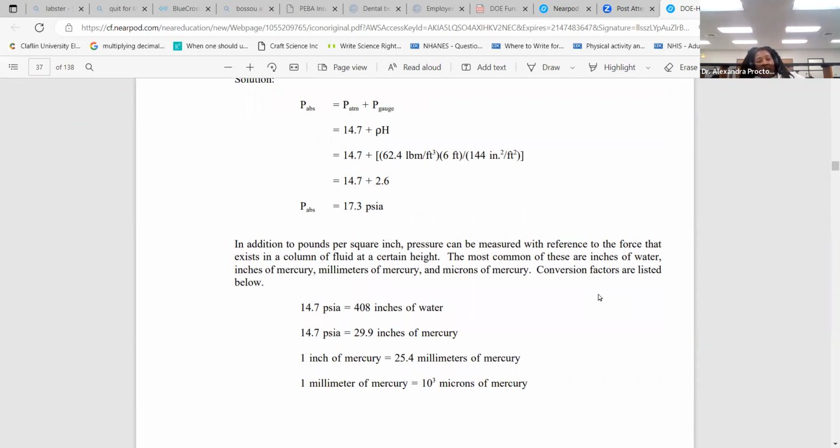Once you solve it, you have an atmospheric pressure of 14.7. The density term simplifies to 2.6. So the absolute pressure in the pool at 6 feet deep is 17.3 PSI.